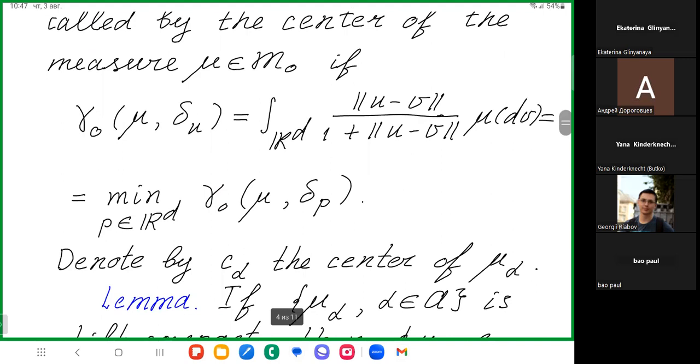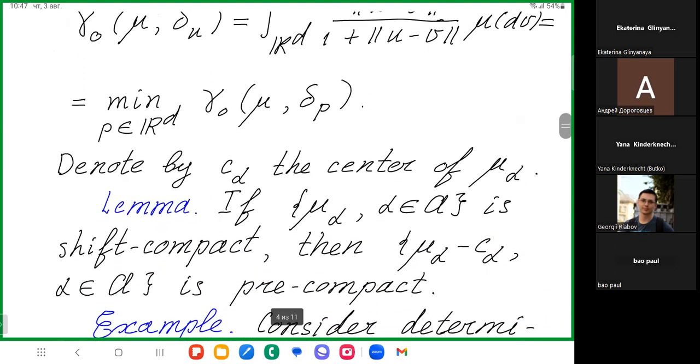Lemma. Take at least one center C alpha for each mu alpha, and if the family mu alpha is shift-compact, then mu alpha minus its center C alpha is precompact. So we can always check this as a candidate for u alpha when we study shift-compactness.